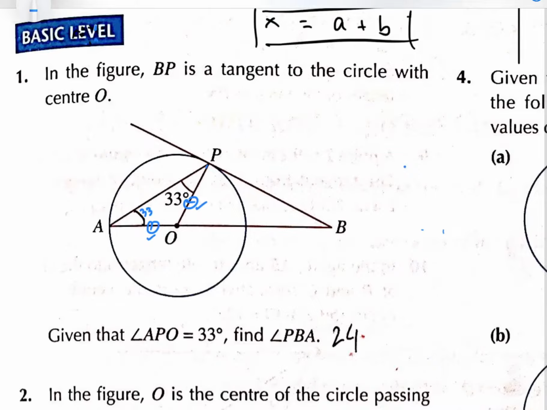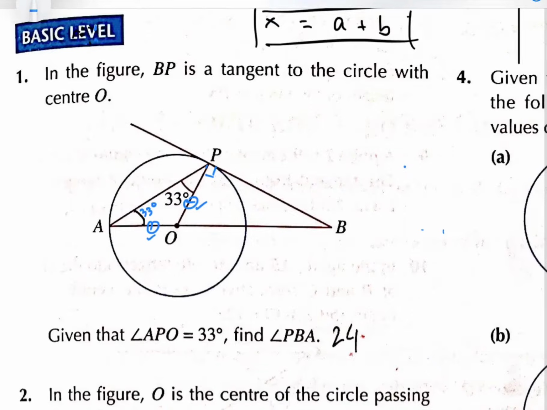Thus, the measure of angle PAO is also 33 degrees. Now, the radius and a tangent are always perpendicular. A radius OP and a tangent BP are perpendicular, thus creating a 90-degree angle.